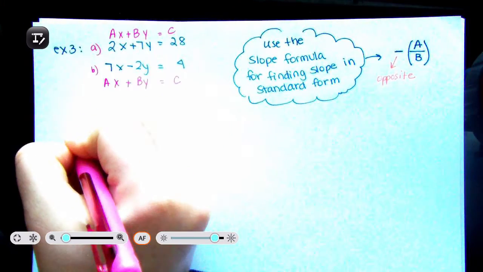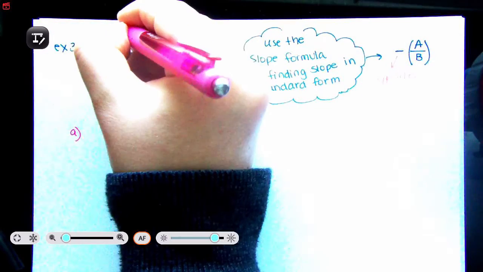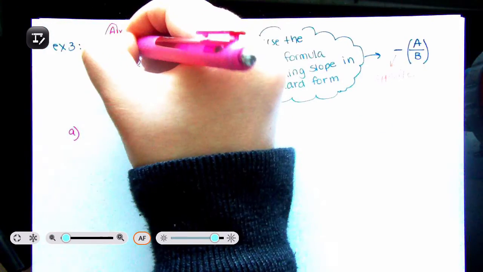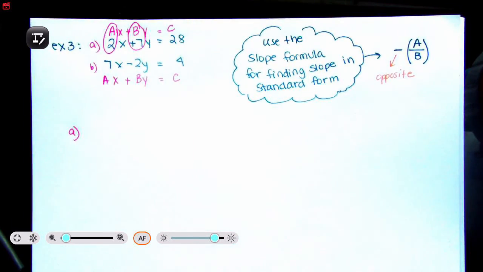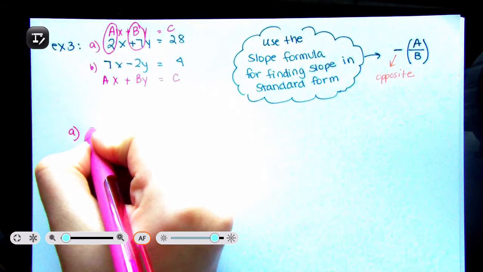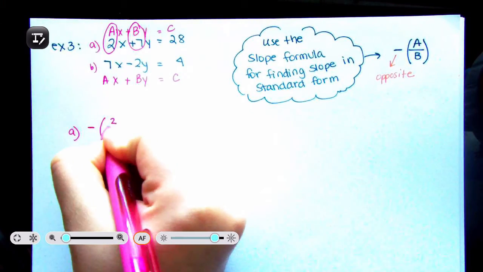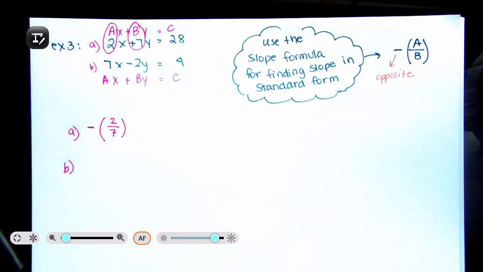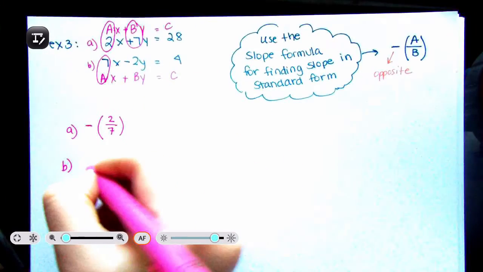So for my slope for A, I have 2. My B value is 7. Now make sure you take the sign with it. So my slope for A is the opposite of 2 over 7. Now let's do the slope of B. My A value is 7.